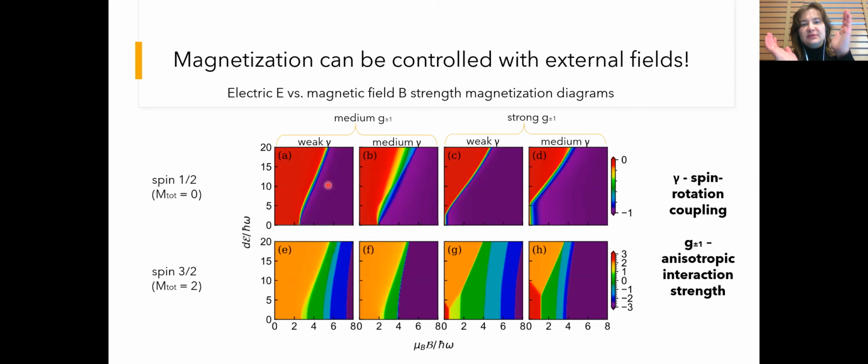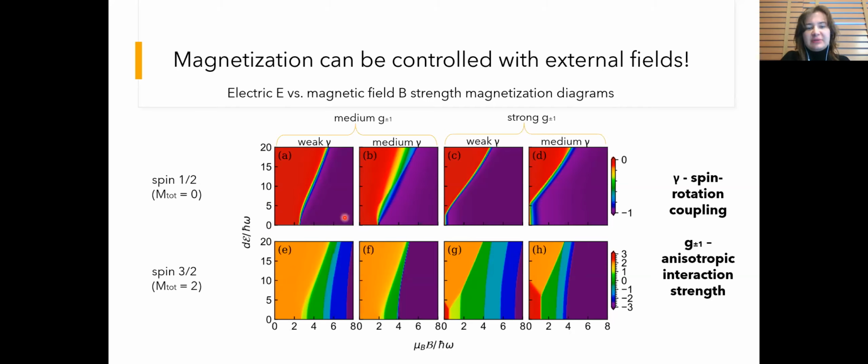The most basic mechanisms behind the change of magnetizations in the system are of course just the Zeeman and Stark effects. If we didn't have any anisotropic coupling and spin rotation coupling, we would have something like this plot.